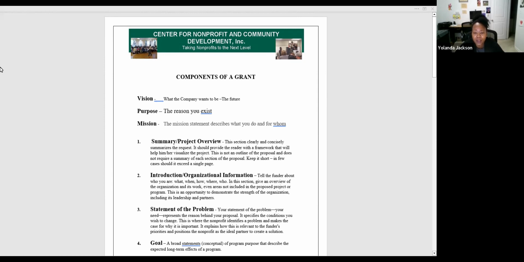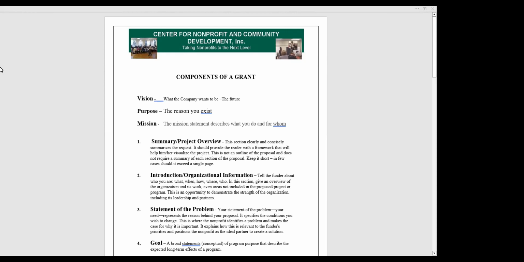This is not an outline of the proposal and does not require a summary of each section of the proposal. Keep it short. In a few cases, should it exceed a single page? It should not exceed a page unless the funder asks you to. But normally, you can do it in one page.